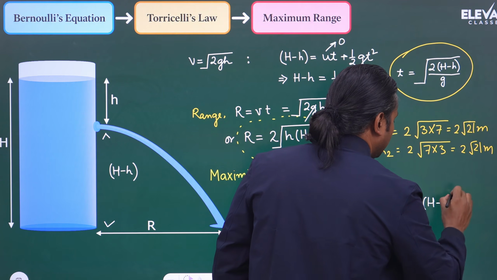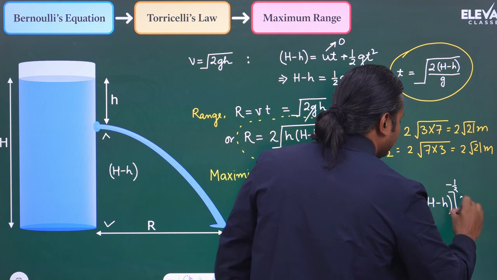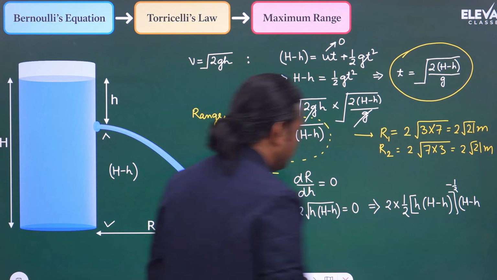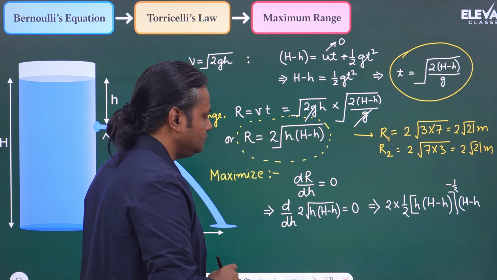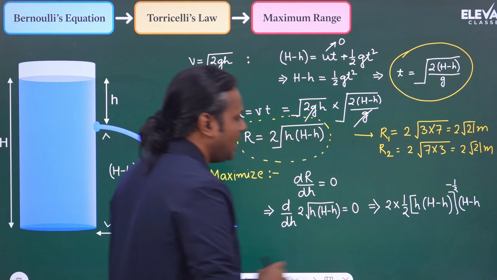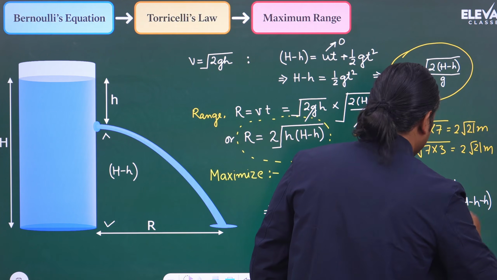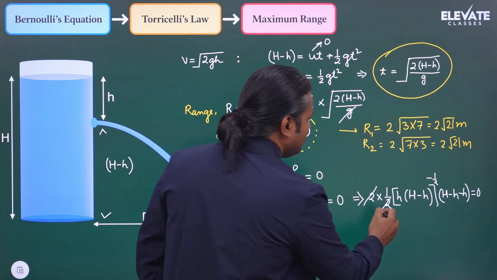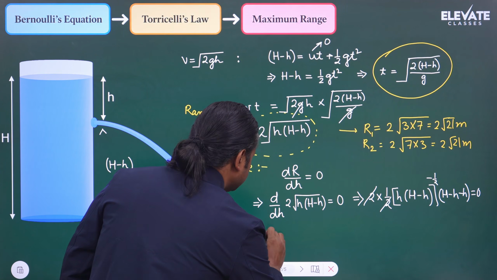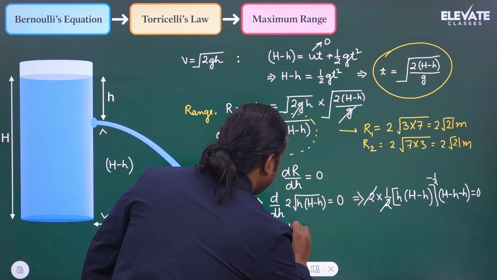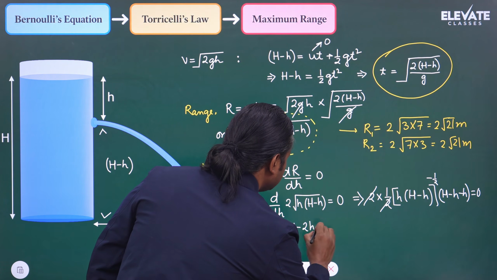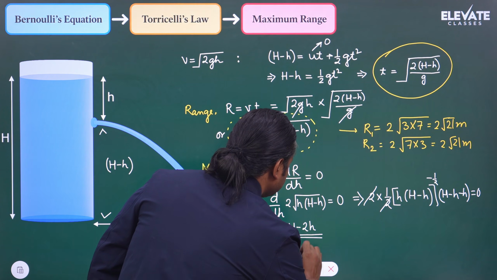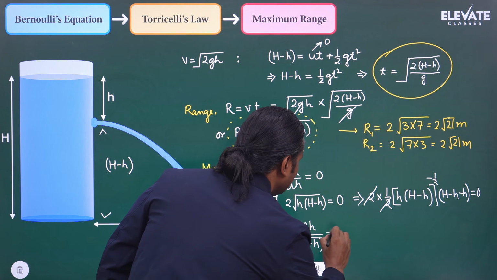So here you have 2 to the power half minus half. So minus half, and in the bracket you will have capital H minus h, and then you have minus h, right? And this overall is nothing but equal to 0. So this gets cancelled, and we are left with a very simple expression that capital H minus 2h upon square root of small h, capital H minus small h is equal to 0.